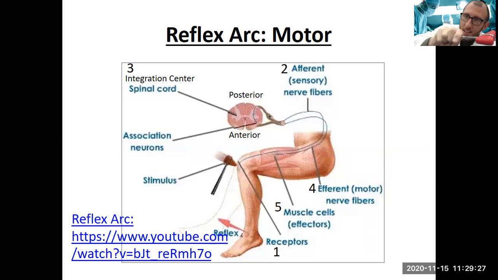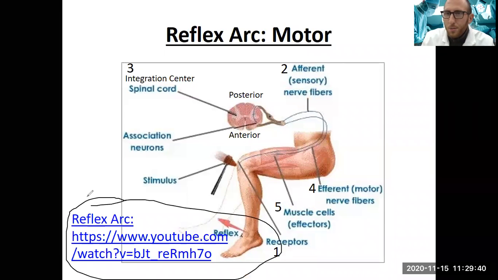Why does hitting your knee or right below your knee cause your leg to kick out? And if you watch this video, I'll explain why. I'll give you the brief summary here, but the full summary is in that video.